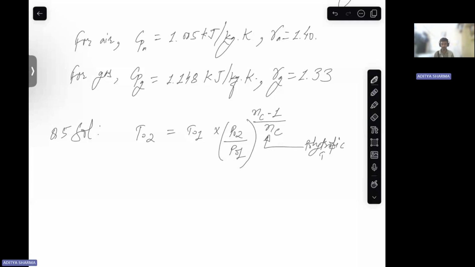For your compression process, or for your fan, for compression cases. So this we need to find out.